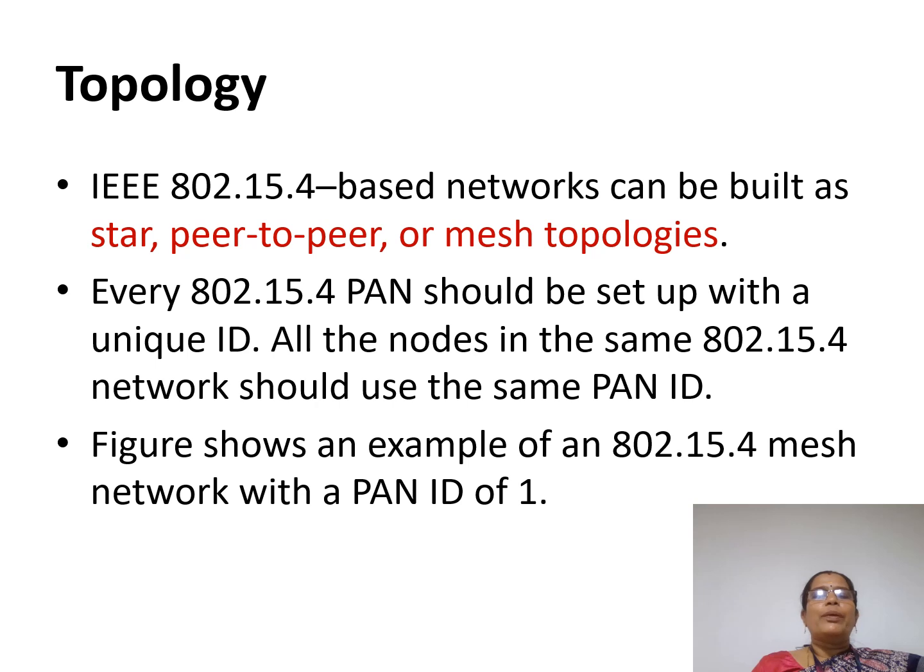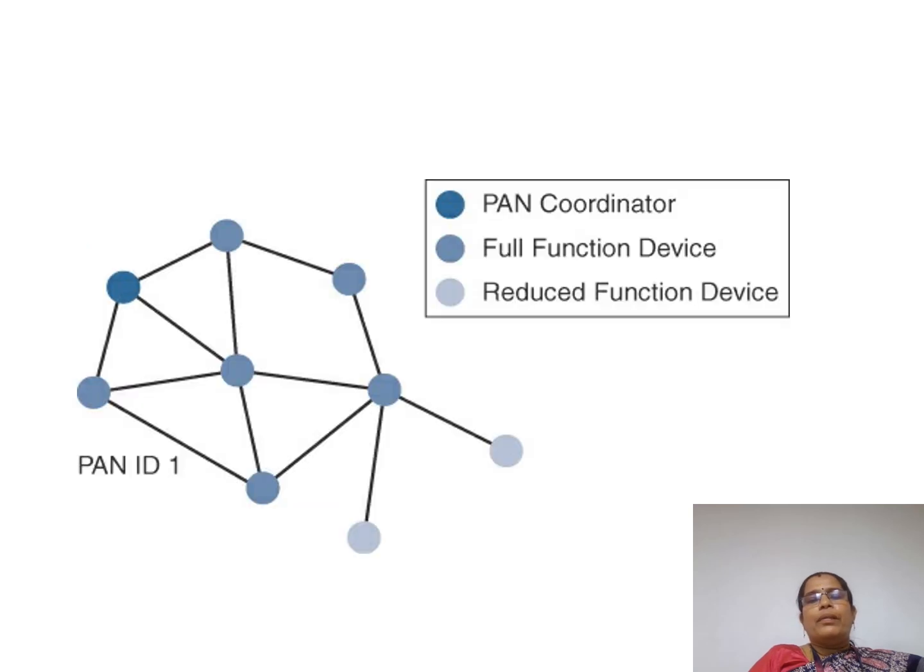Topology: IEEE 802.15.4 is based upon star, peer-to-peer or mesh topologies, and an 802.15.4 network should have the same PAN ID. This is the topology network.